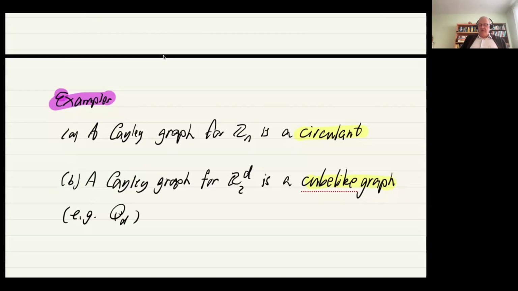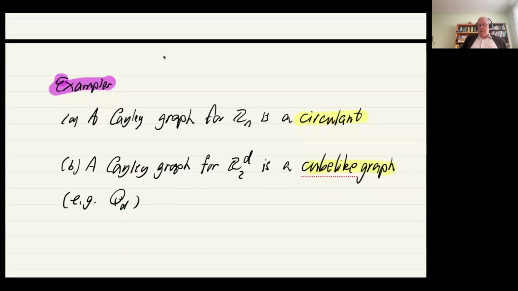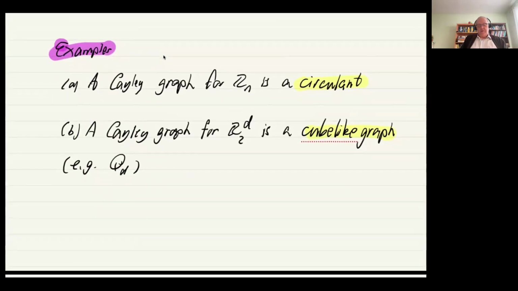Now, Z2 to the d is a vector space of dimension d over the field of order 2. And so we can sometimes use linear algebra rather than group theory to work with it. If you take the standard basis as your connection set, then the cube-like graph you construct will be the d-cube.